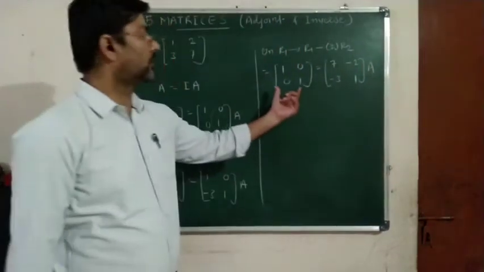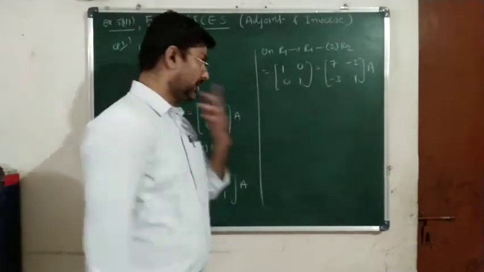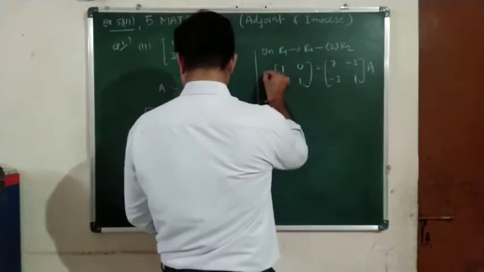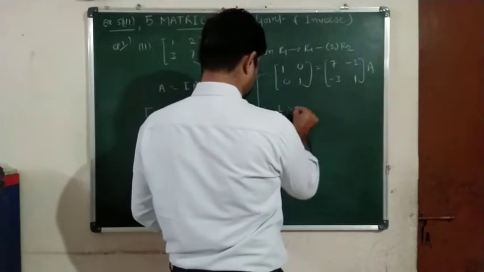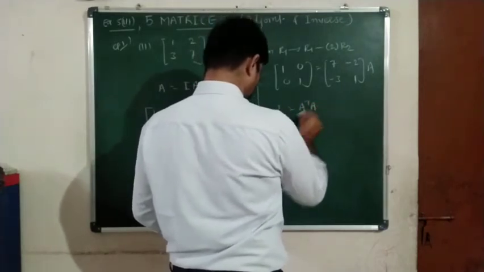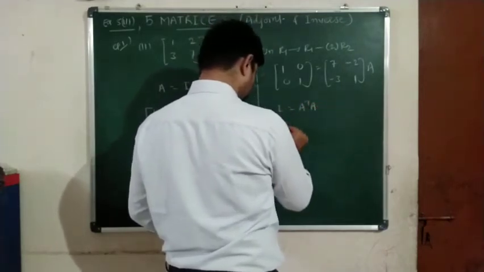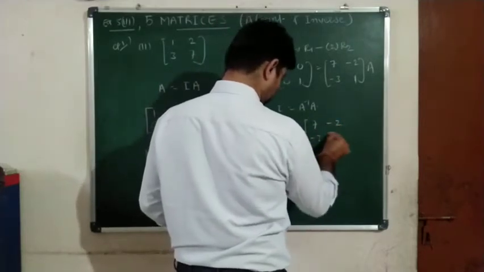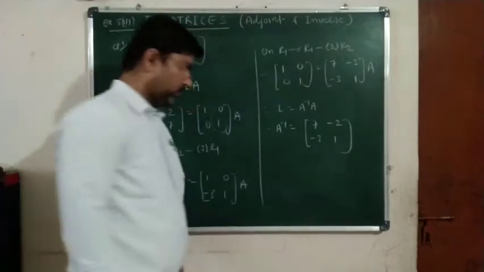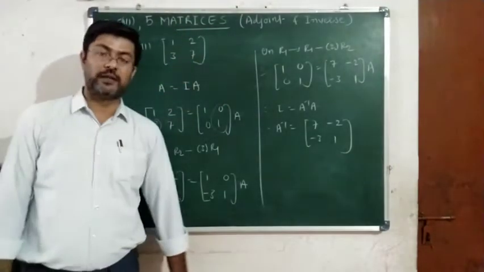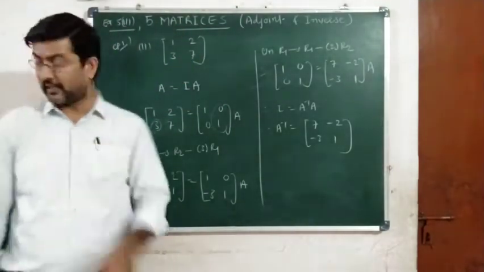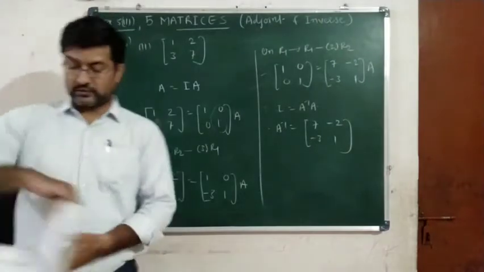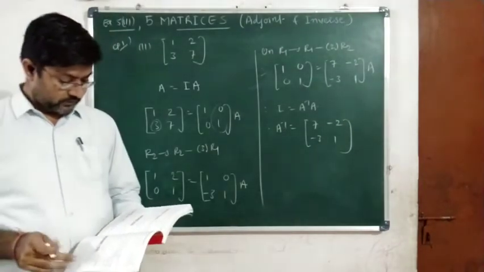So now we got I, and this is the required A inverse, and therefore I equals A inverse into A. The required inverse is a matrix of order 2 having row wise entries 7, -2, -3 and 1. So this is the second one.